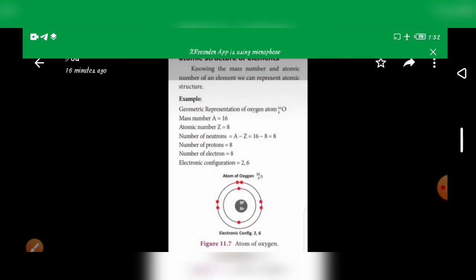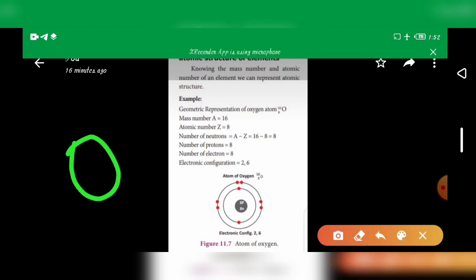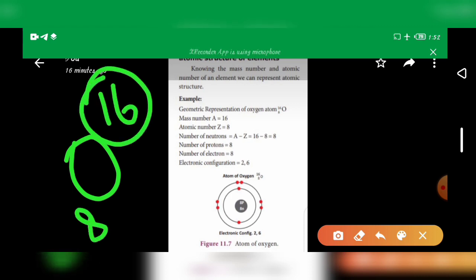In the geometrical structure of an element, knowing the mass number and the atomic number, we can represent the atomic structure. How will it be presented? The geometrical representation of the oxygen atom is like this. You have to write 16 and 8. The superscript is the mass number and the subscript is the atomic number.